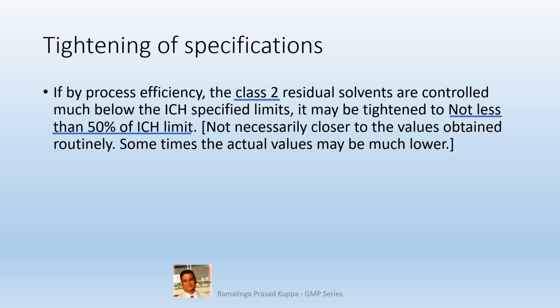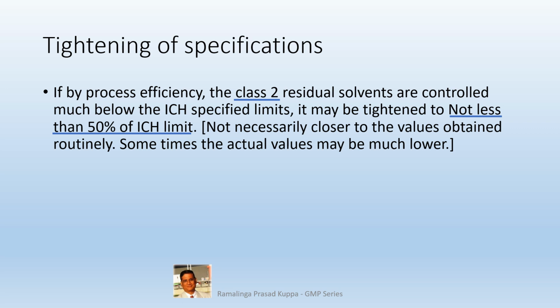Sometimes the actual values may be much lower. This is a very important point to note. If the levels of class 2 solvents are much below the ICH limits, it is not necessary to tighten the limits to the value closer to the routinely obtained values. It can be revised to 50% of the ICH limit.